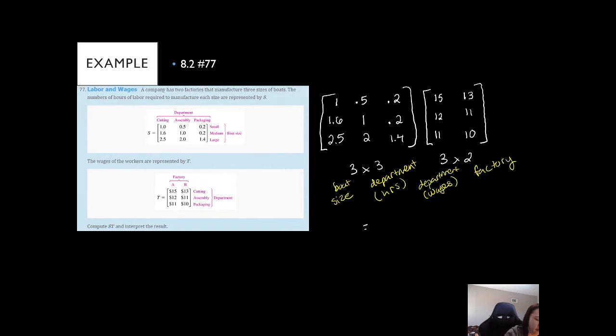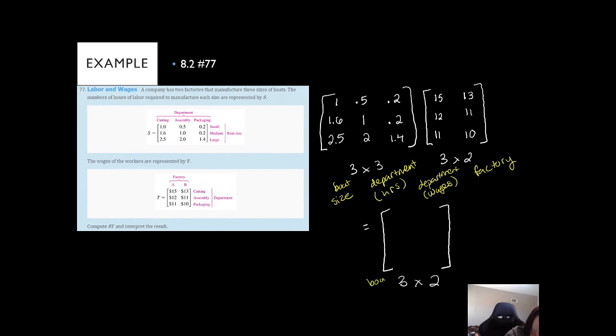So if we're going to get a 3 by 2 out because of the insides matching, so 3 by 2.